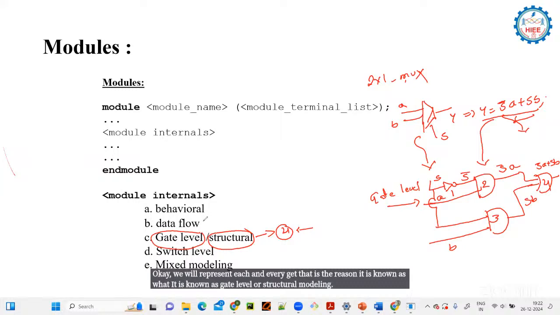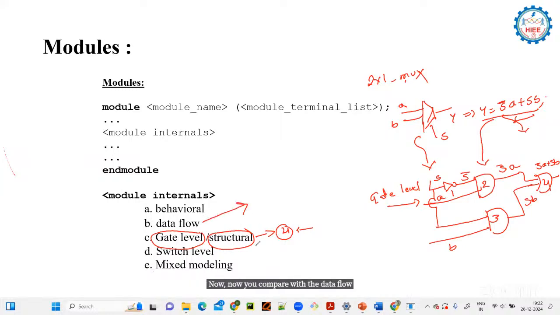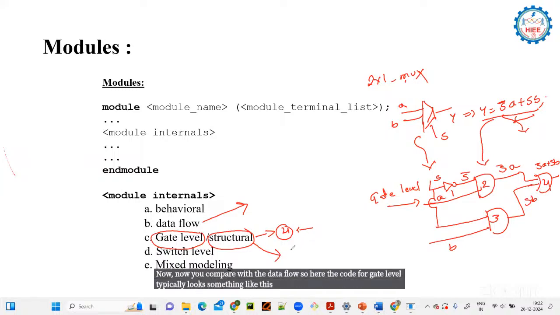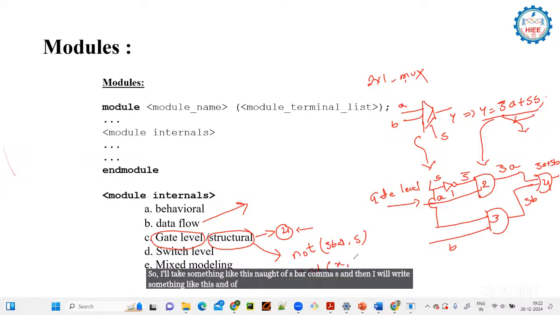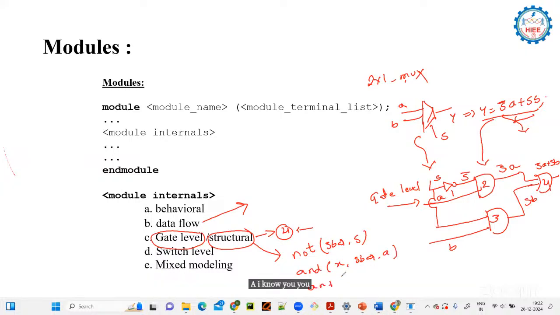Now you compare with the data flow. The code for gate level typically looks something like this. We will discuss one sample code on gate level also, but for now you just go with this. Initially I need a NOT gate, so I'll write NOT of S bar comma S, and then AND of X comma S bar comma A. I know you don't know how to write this, but we will discuss it later.